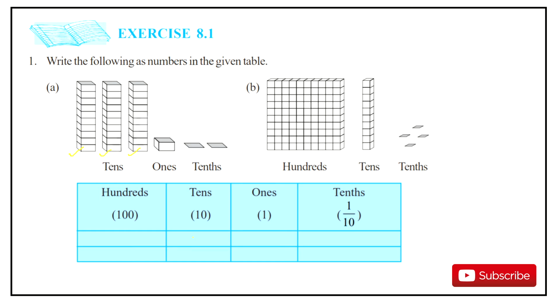Yes, so in the first we have 3 stacks of 10. For 1, we have only 1 stack. For tenths, we have 2 stacks. So I'm going to write 2 tenths.